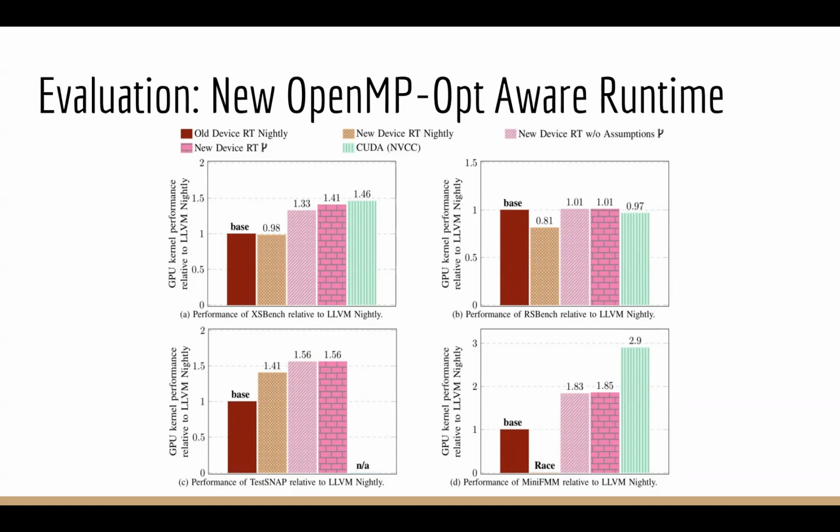So the combination of this specially designed device runtime and this OpenMP optimization pass allows us to take the very broad definitions that the OpenMP standard sets forth for GPUs and specialize it to something that is competitive on the GPU despite being much more complicated.